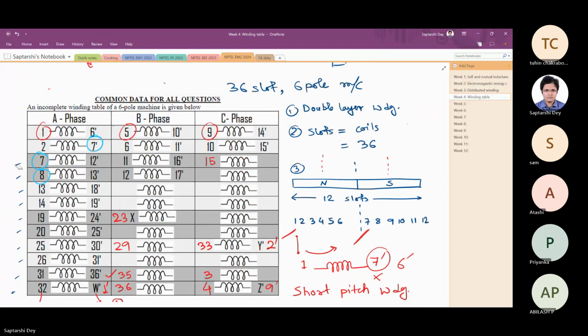This is one group. So 1, 2, 3, 4, 5, 6. 6 groups are there.